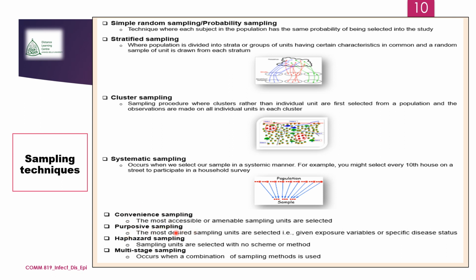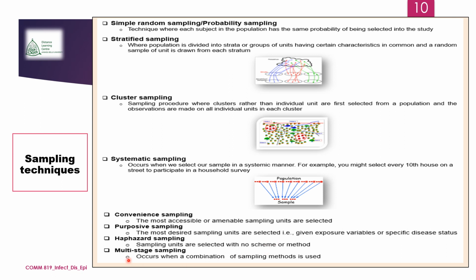For instance, you know that a particular disease is endemic to a particular part of a community, and based on that prior knowledge, you may decide to just go and sample there. Then haphazard sampling. Sampling units are selected with no scheme or method. They are sampled haphazardly. Though it's a sampling technique, it is very weak.